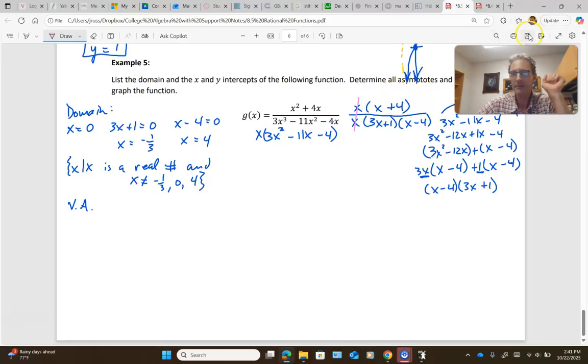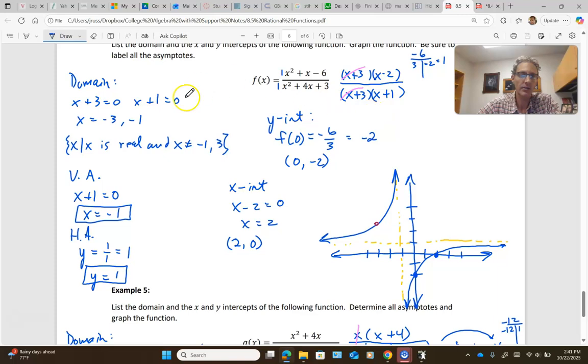But I just wanted you to be well prepared in case you did have to factor and simplify. So what do we have left in the denominator? Well, just these 2 factors. So we're only going to have 2 vertical asymptotes, similar to the last one.